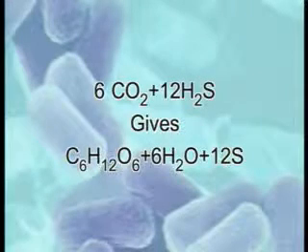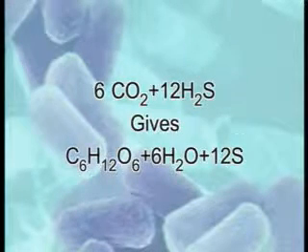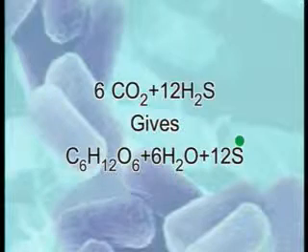These bacteria use hydrogen sulfide or other reduced inorganic sulfur compounds such as sulfate or sulfide as electron donor. Elemental sulfur formed as a byproduct in this process is deposited extracellularly.